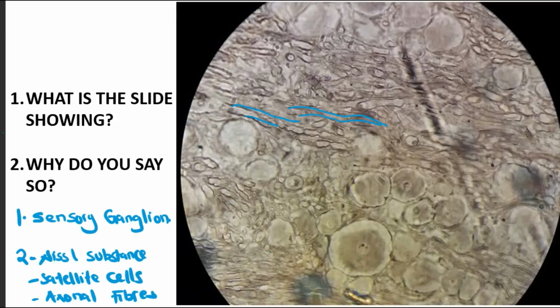This one here is a ganglion, and you have a prominent nucleus here and the nucleolus. The black substance here, these are the Nissl substances. And the cells that are surrounding the ganglion are the satellite cells. So that is the reason.